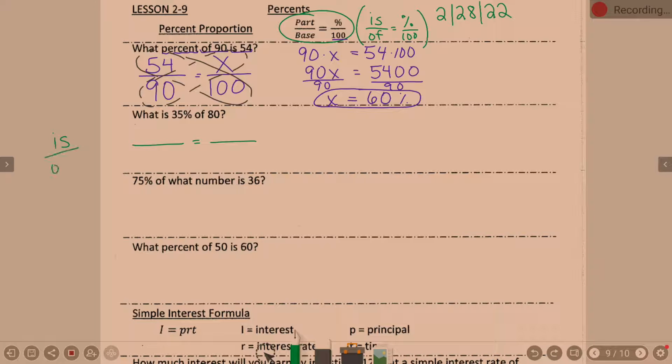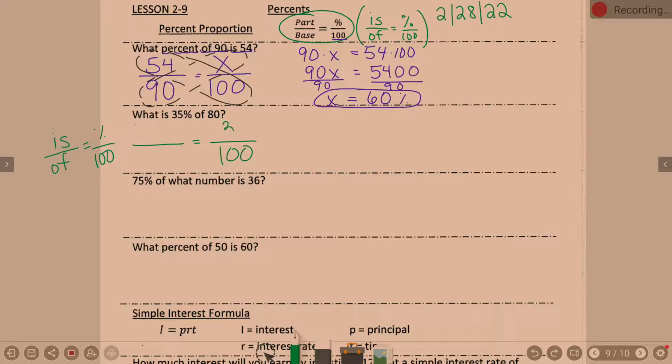If I use that shortcut, is over of equals percent over 100. You start off telling me the bottom right is going to be 100. Do we have a number with a percent sign on it? Yes, so we'll go above. The number with the percent sign is 35. Where does the percent go? Above the 100.